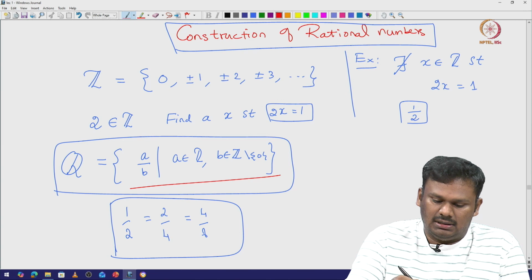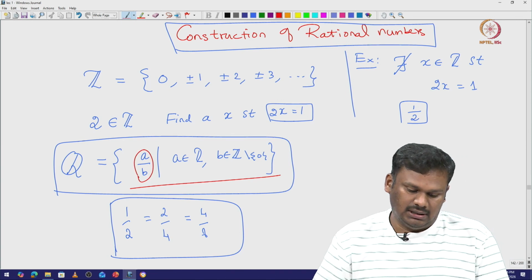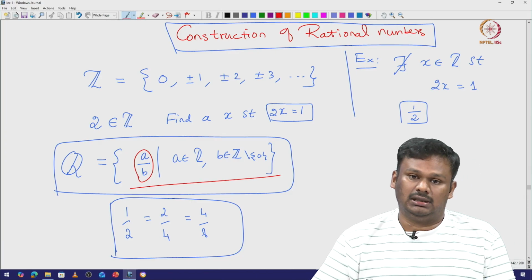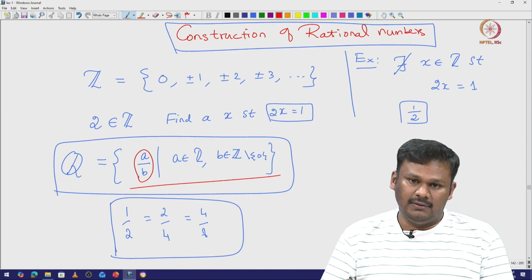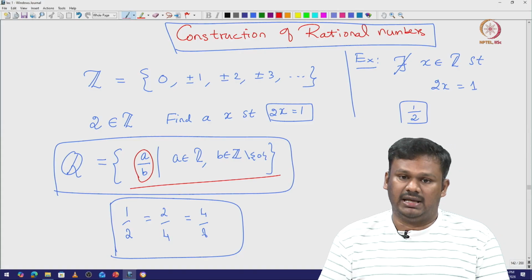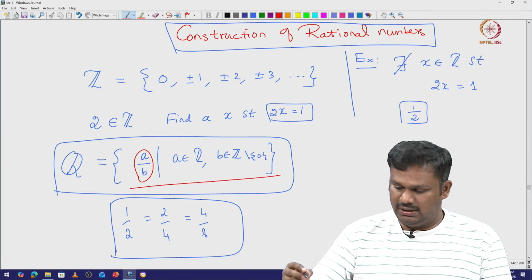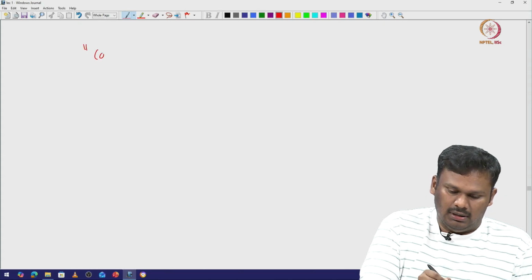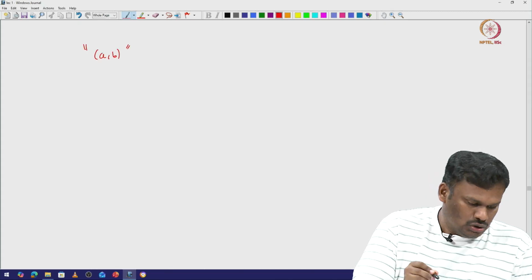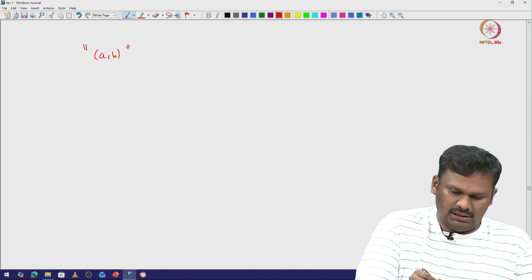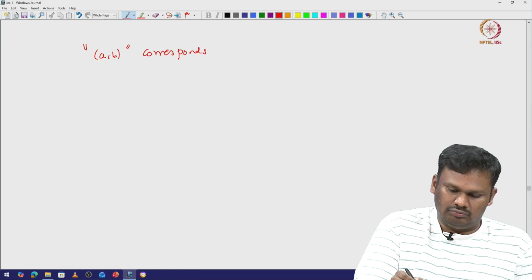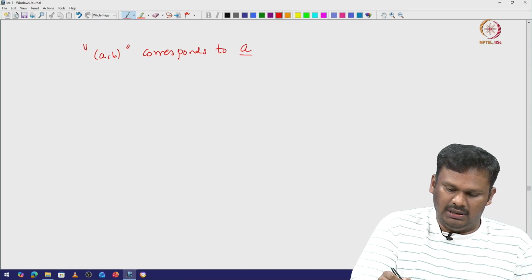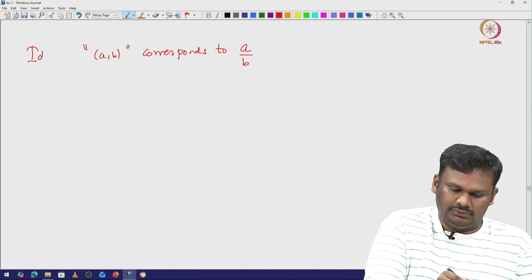The idea indeed comes from the fact that the equivalence classes related to the pair a comma b should be interpreted as a by b. That is where the motivation comes from. So, a comma b corresponds to a by b.